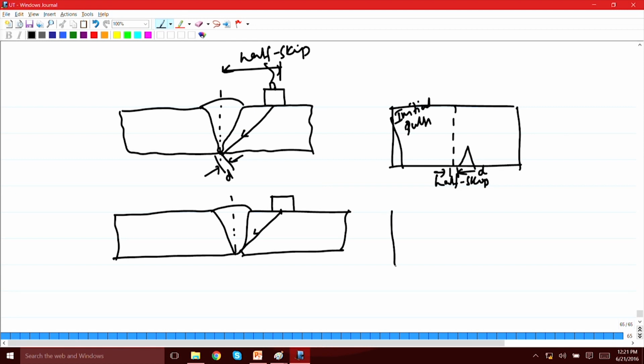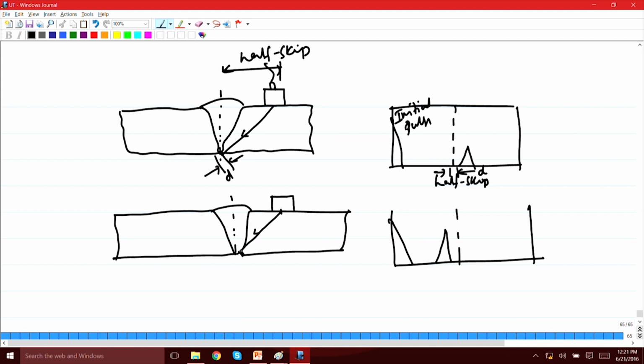And now, if you see the display, your initial pulse and the half skip, and the defect echo will appear before the half skip, because although you have kept it at half skip distance, it is not going all the way to the root, since there is a defect over here, an opening over here.